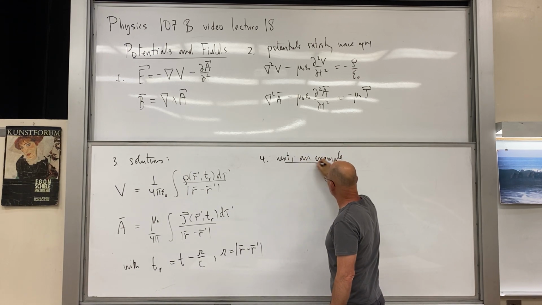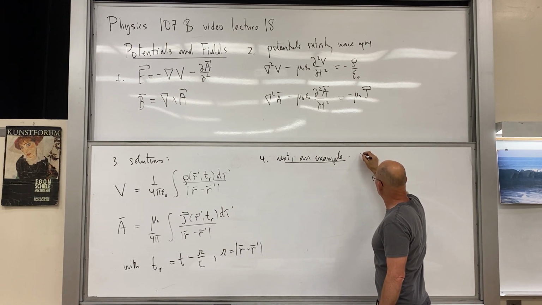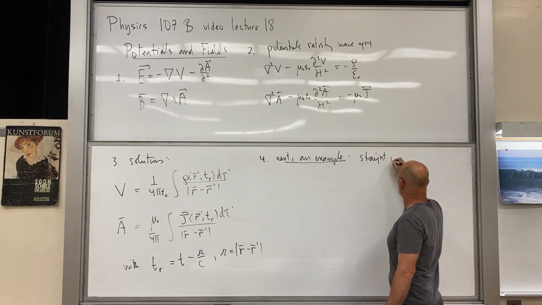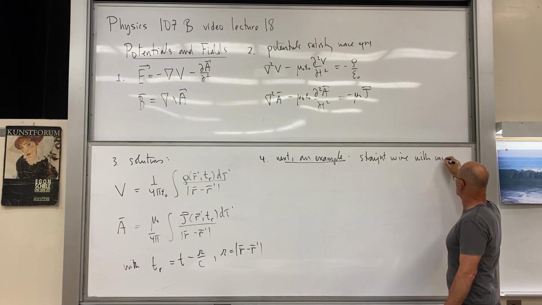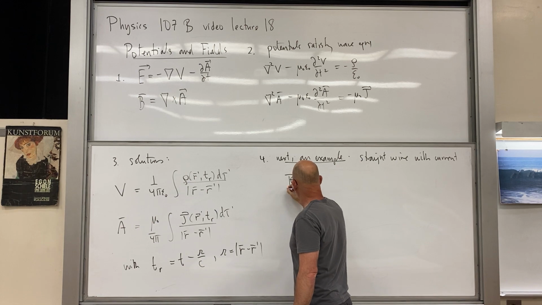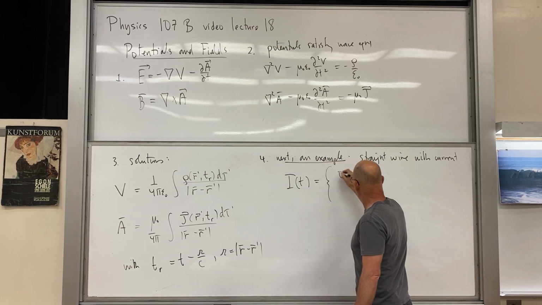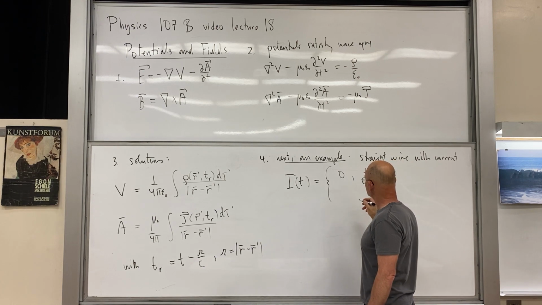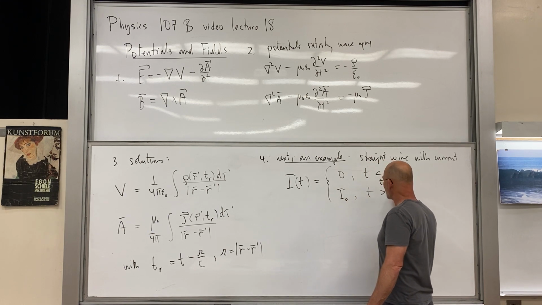What we're going to have is a straight wire with a current that gets switched on at t equals 0. So I of t is equal to 0 for t less than 0, and I sub 0 for t greater than 0.